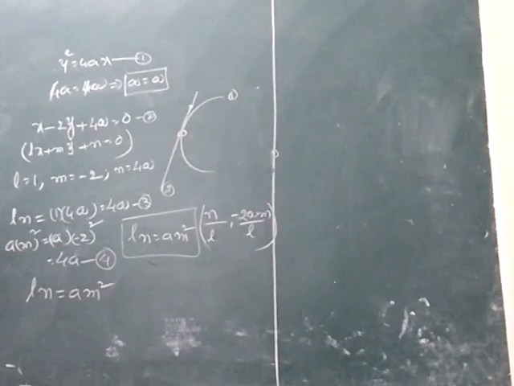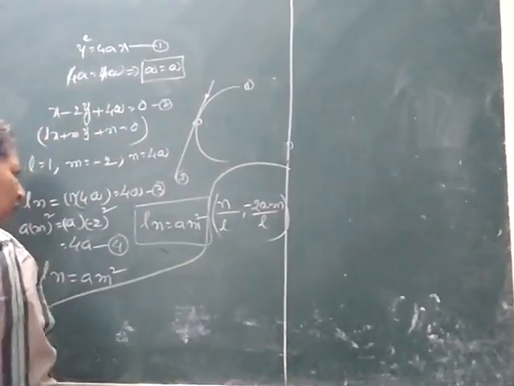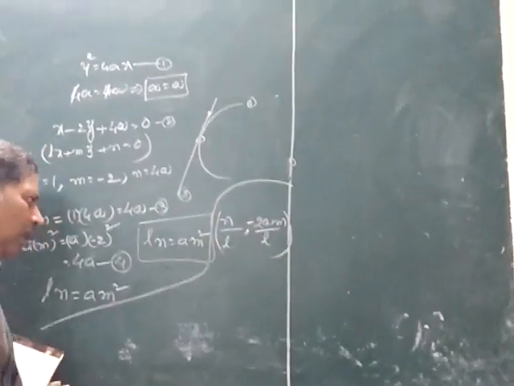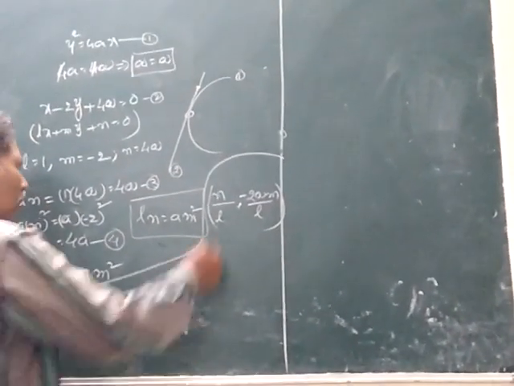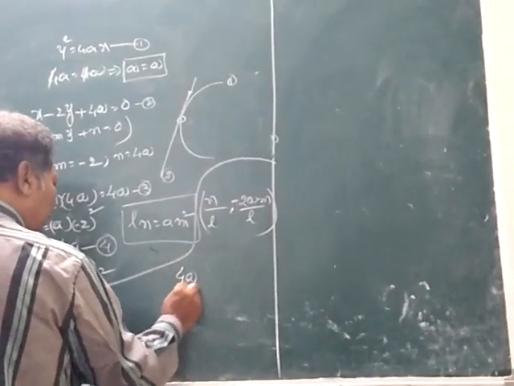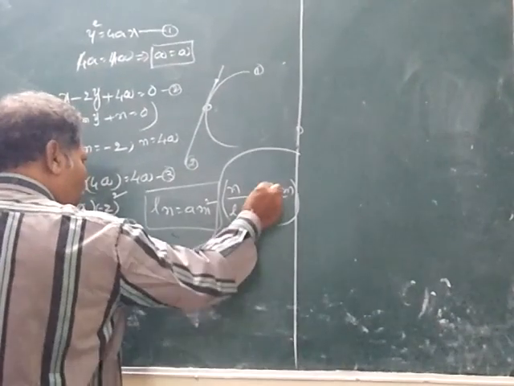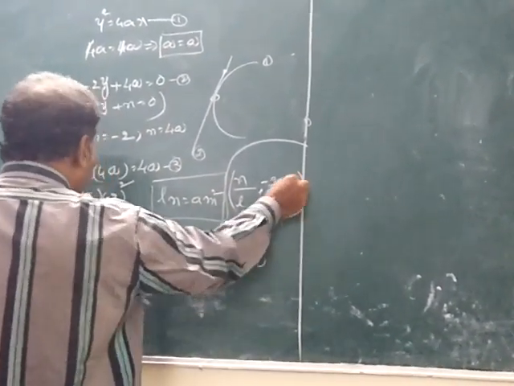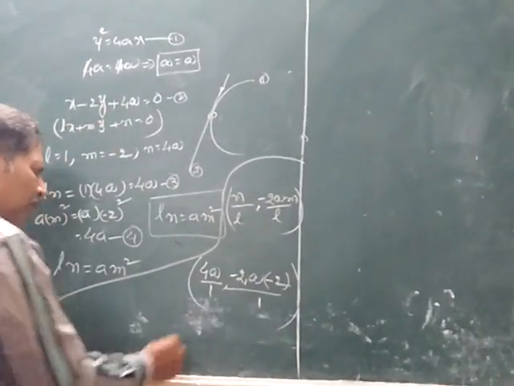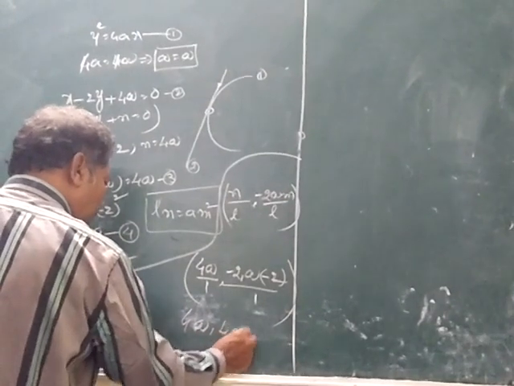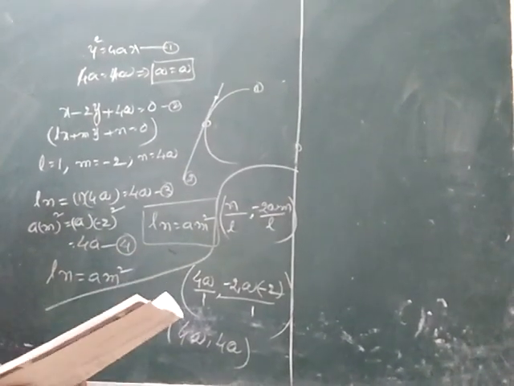Next, point of contact is n by L, minus 2am by L. N value 4a by L value 1, minus 2, a value a, m value minus 2 by L value 1, 4a, 4 minus minus plus, 4a. So the point is 4a comma 4a.